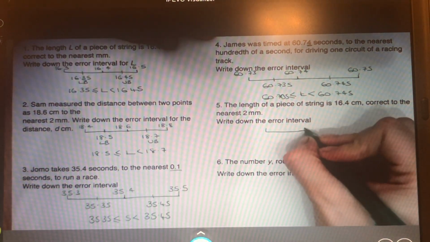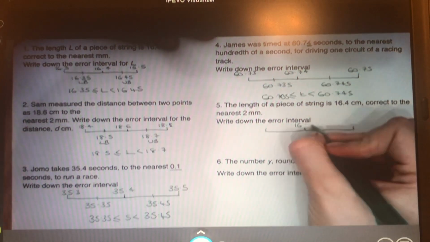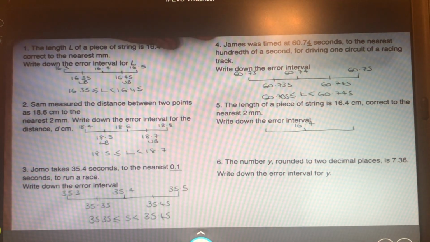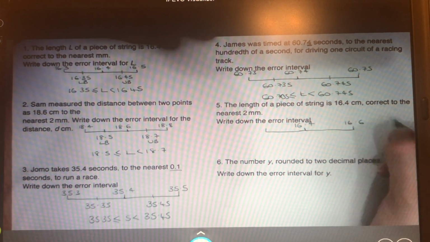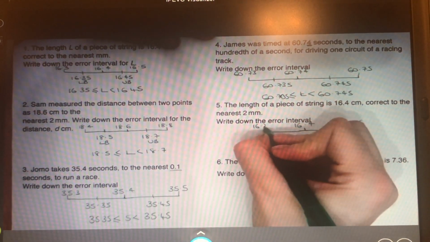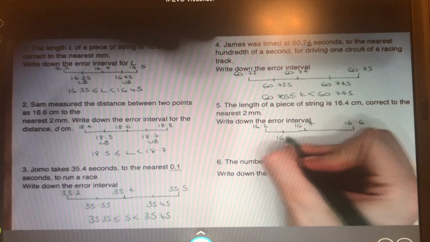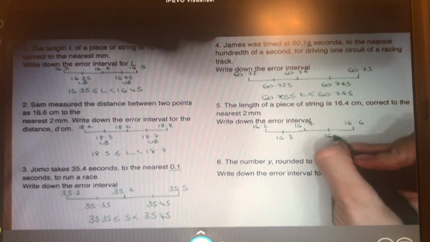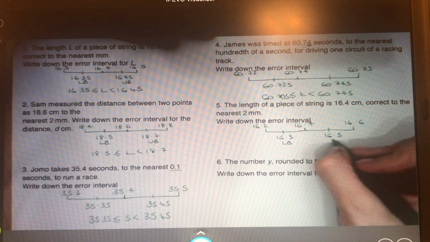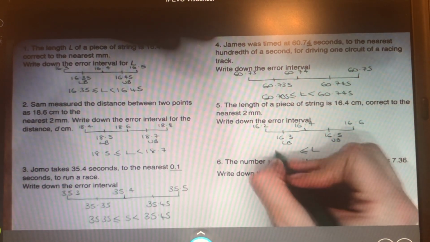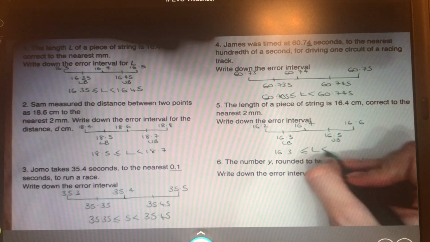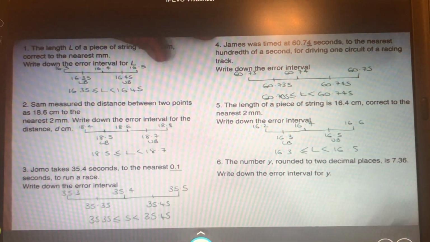Okay, this one here then. So my value in the middle is 16.4, nearest 2 millimetres, up to 16.6, down to 16.2, halfway 16.3, 16.5, that's your lower bound, that's your upper bound. Let's pop them in. So I get 16.3 and 16.5.